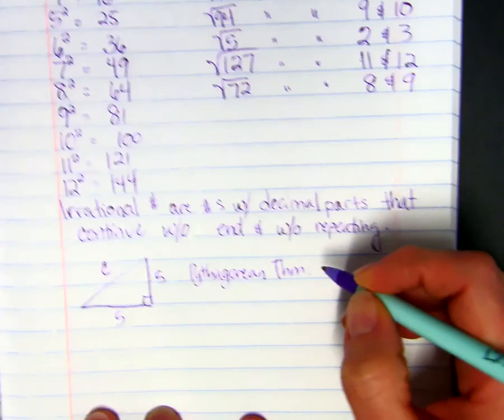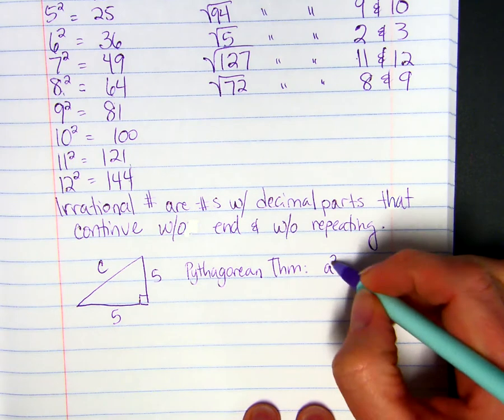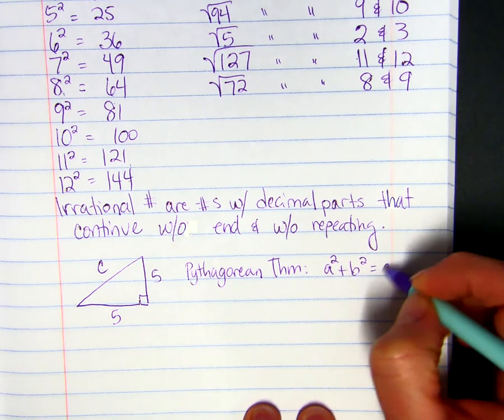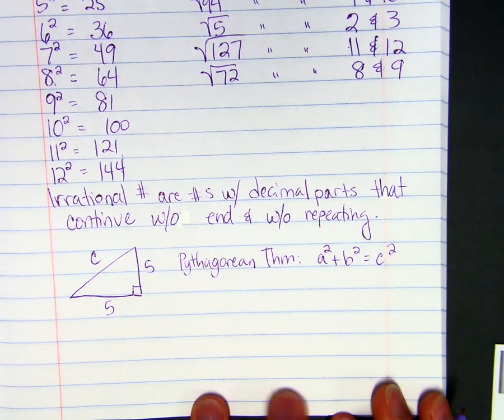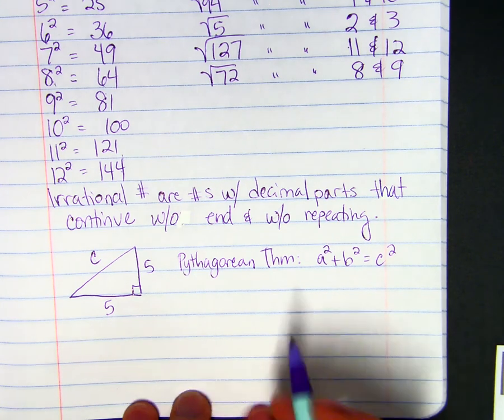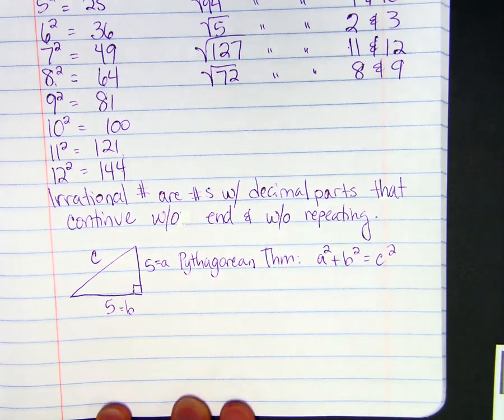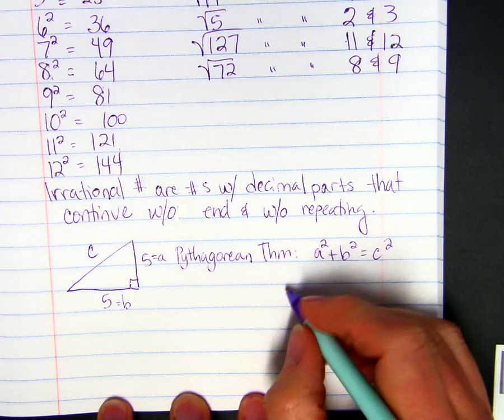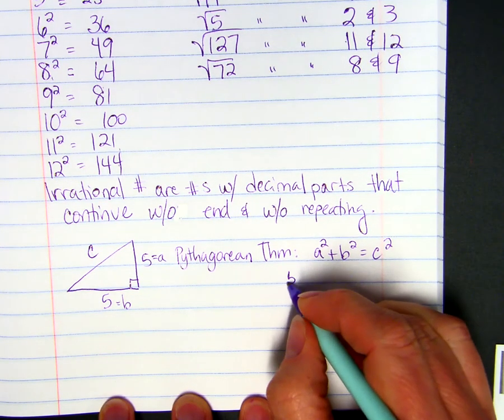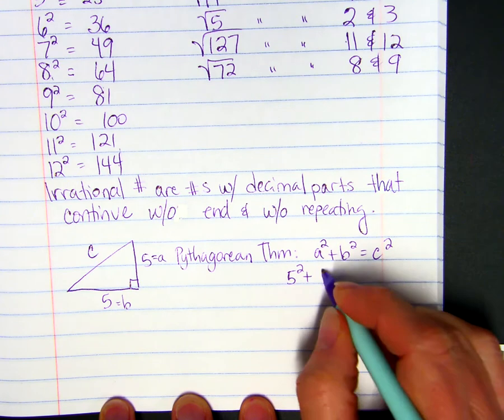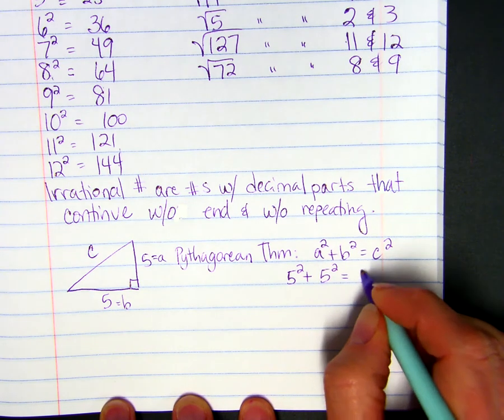Everybody say Pythagorean Theorem. Nice. Good job. It's a squared plus b squared equals c squared. So you take the leg lengths. We're going to call this one a and that one b. They're both 5, so it doesn't really matter which is which. And you have 5 squared plus 5 squared is going to equal c squared.